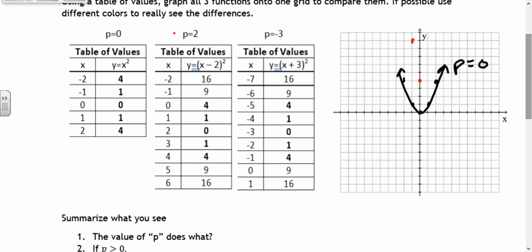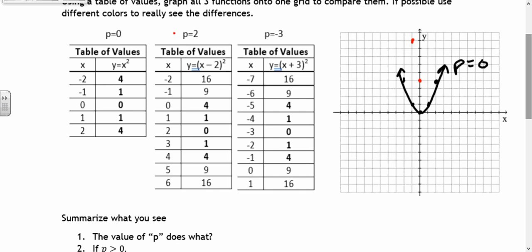that's weird. Give me a second. If I plug in -2 to that, yeah, that's 16. -1 into that, 9. And then 1 into that. Yeah, okay. We're good.